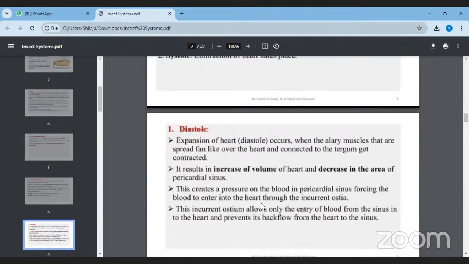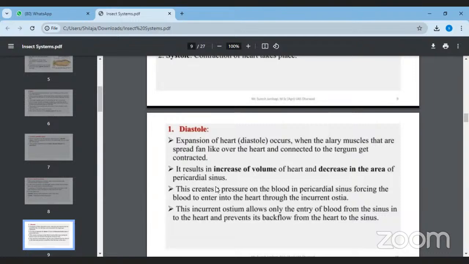So here when we see the heartbeat, the diastole is the expansion of the heart when the alary muscles that are spread fan-like over the heart and connected to the tergum get contracted. So in this particular diastole, it results in an increase in volume of the heart and a decrease in the area of the pericardial sinus.